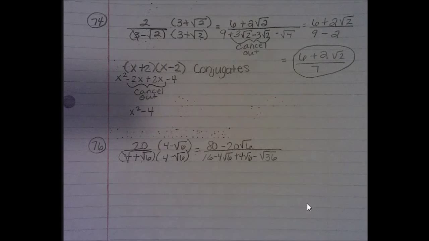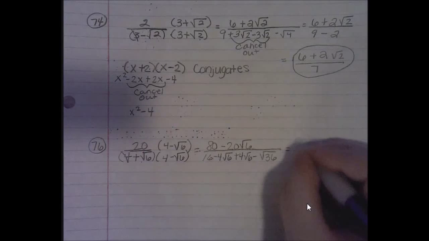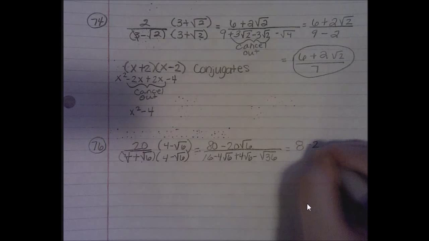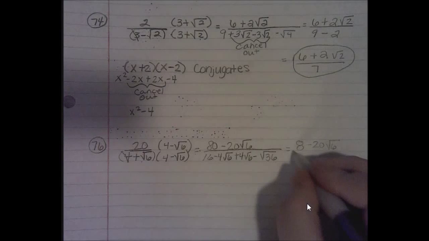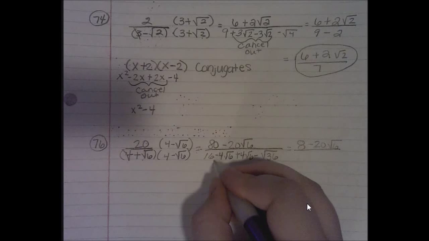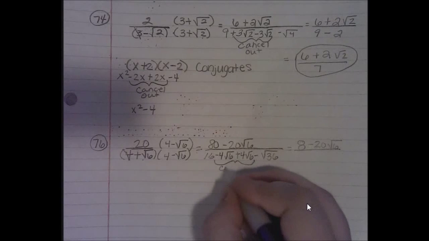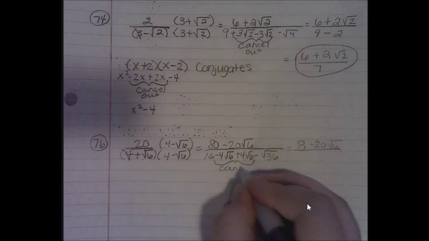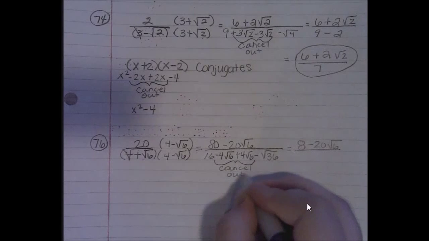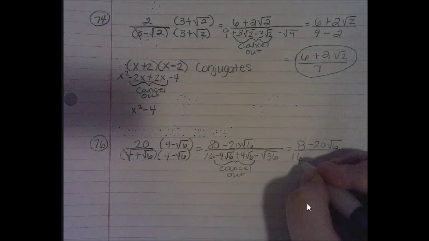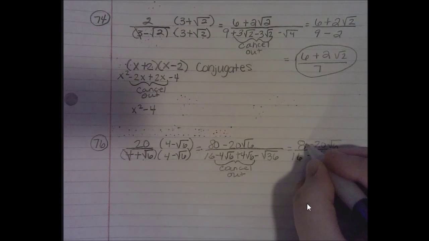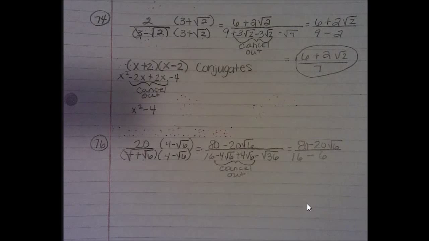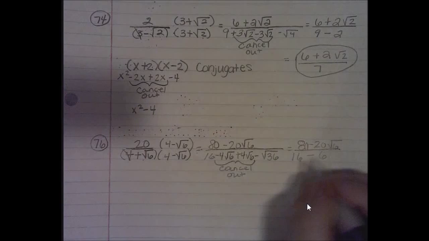Now I'm going to simplify. I'm going to bring my 80 minus 20 square root of 6 over. And you will notice in your denominator that your middle terms will cancel out. So I'm left with 16 minus 6. Oops, and I see I forgot my 0 in the 80. Be careful about that. So I'm left with 16 minus 6.